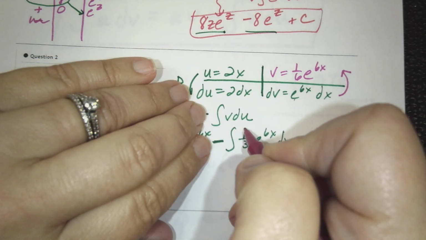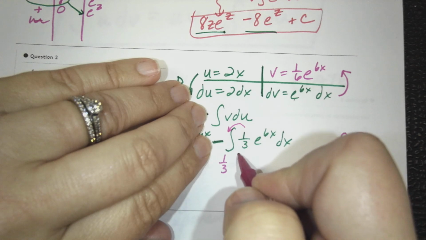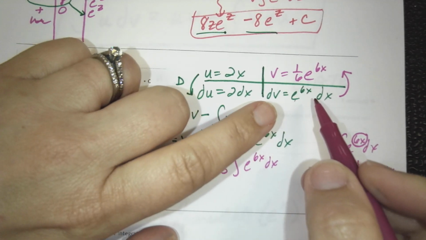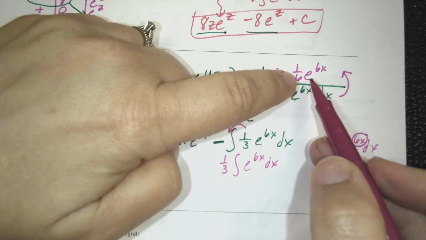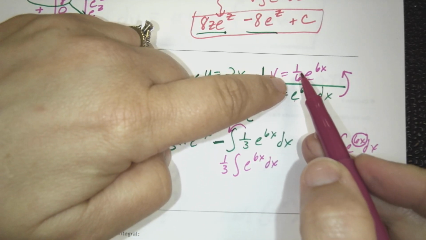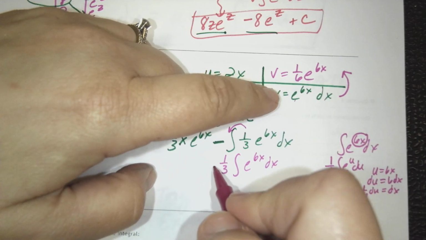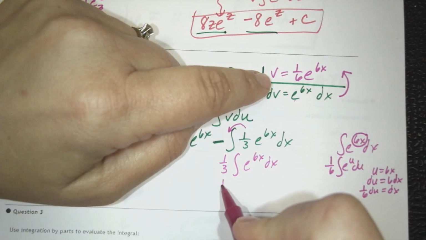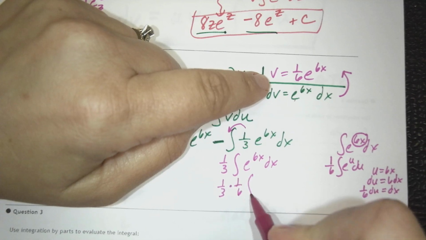We need to move the 1/3 out. And we're going to be integrating e to the 6x again. But don't I already have the integral of e to the 6x right here? So what do I do with that 1/6? Oh, I just pull it outside, right? So 1/3 is already out there, 1/6 becomes out there.